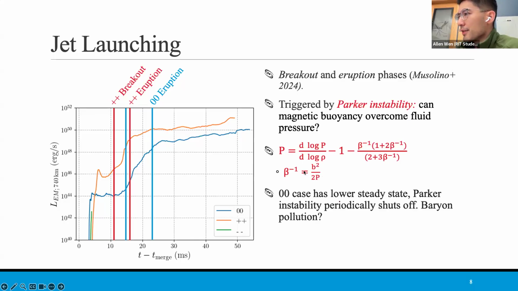We're not entirely sure why this happens yet, but we think it's because the polar regions are much less dense in the plus case at the time of eruption, and the increased baryon pollution in the non-spinning case might be suppressing any type of outflow.